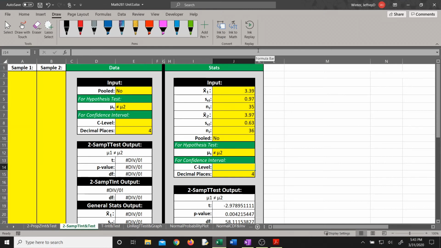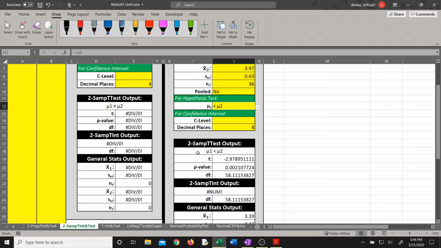Treating 1 as the red background and 2 as the blue background, plug the values into the input, selected no for the pooled, and our hypothesis test is that this will be less than mu2. Scrolling down here, I can see that we do have our test statistic as well as our p-value. Our test statistic ends up being negative 2.979 rounded, and our p-value is 0.0021.